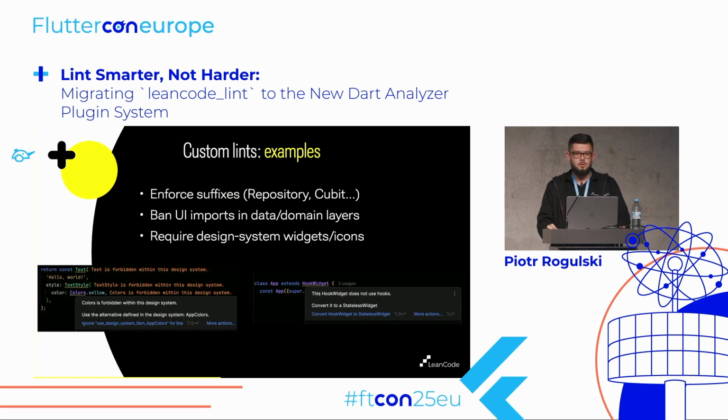If you are using hooks, the package Flutter hooks in your app, but you suddenly refactor the code in a way that the widget doesn't use any hooks anymore, you might want to have a lint that will tell you that this widget can be simplified even further because it doesn't use any hooks.